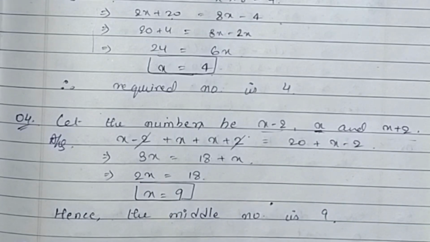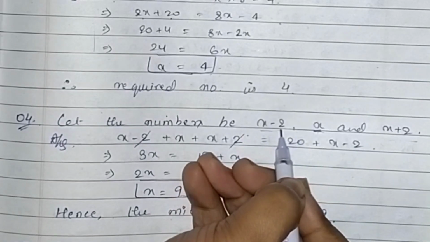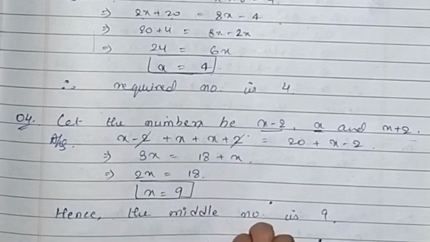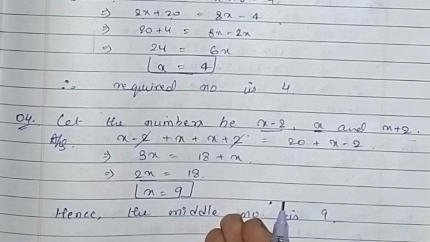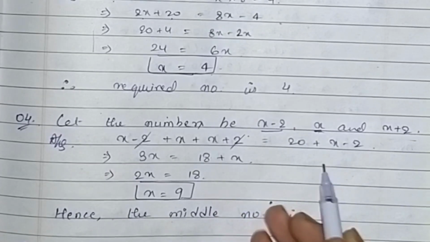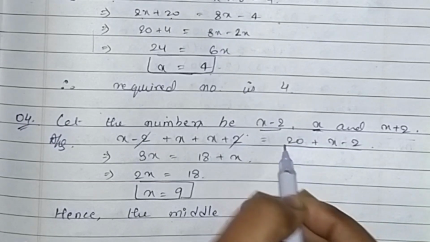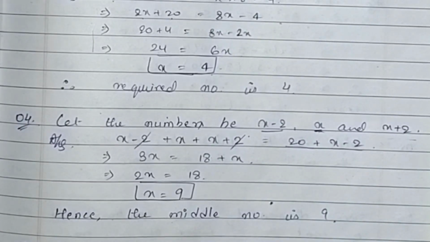Now what our question says is, the sum of these 3 consecutive numbers is 20 more than the first of these numbers. So our first number is x minus 2, and according to the question, we have to add 20 to the first number, which will be the result of the sum of these consecutive numbers.